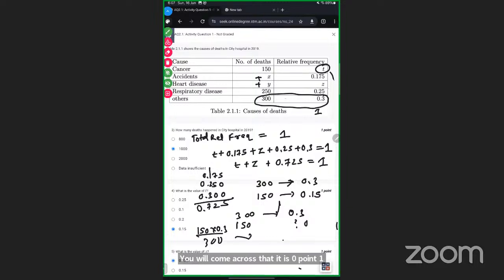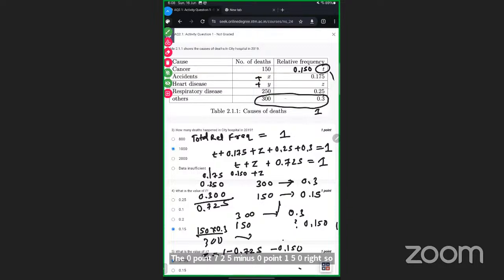So t is 0.150, and the total sum should be 1. Then what should z be? You do 1 minus 0.725 minus 0.150, and that will give you the z value.